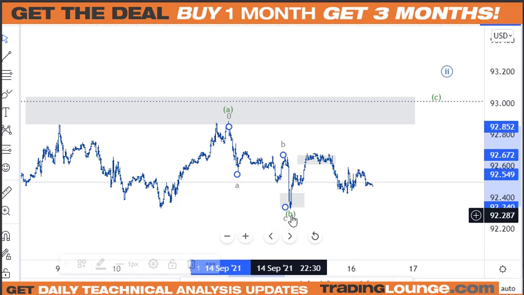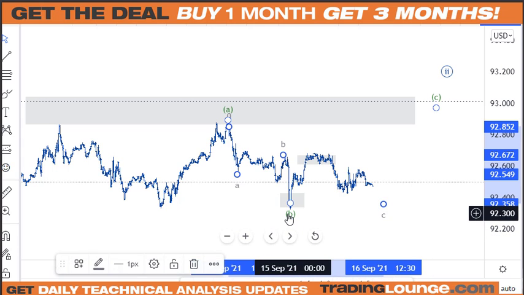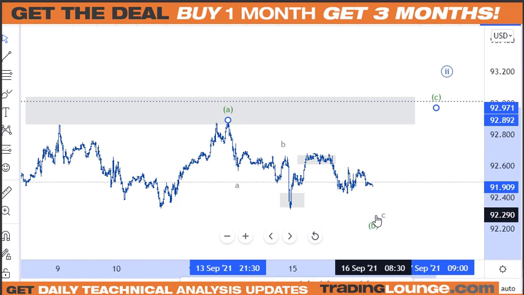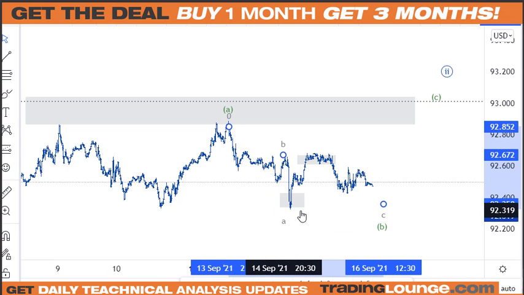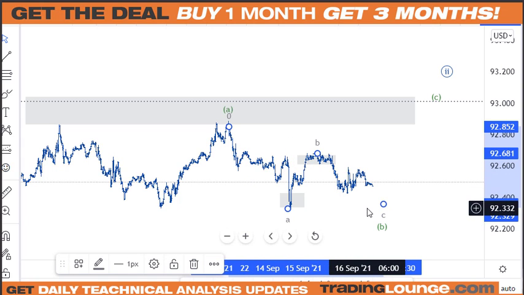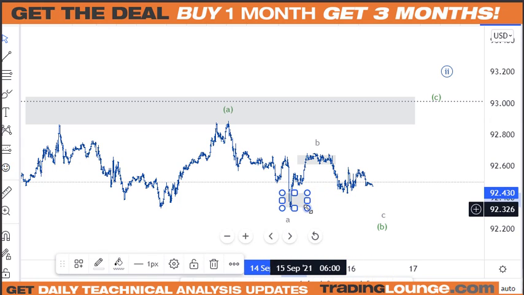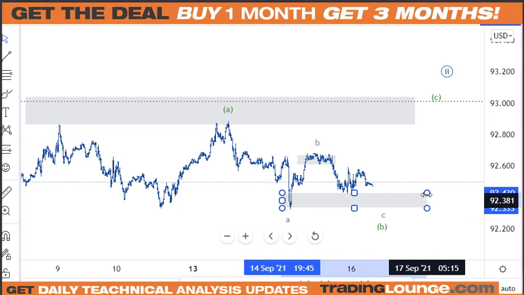So maybe we need to bring the B wave over here and look at this as the A wave here, the B wave here, and some sort of C wave here that needs to come down a bit lower, but we don't want it coming down past that box.